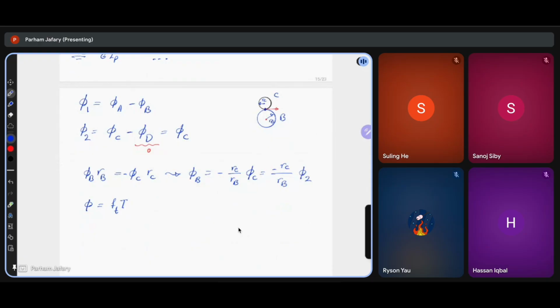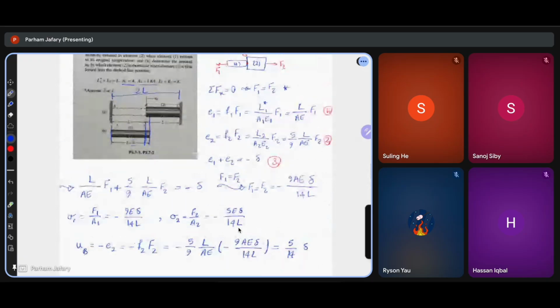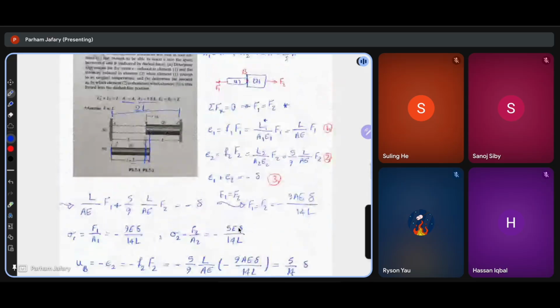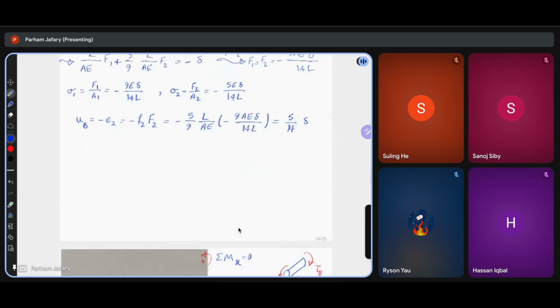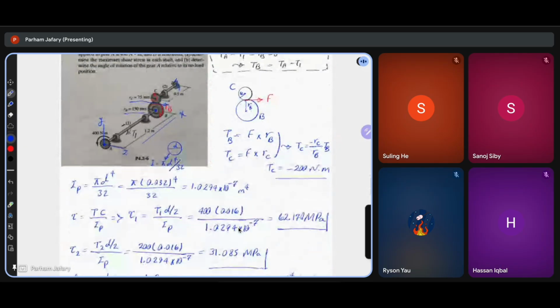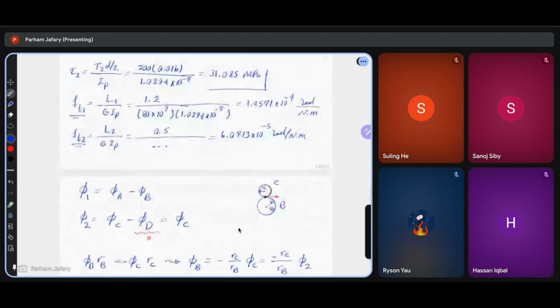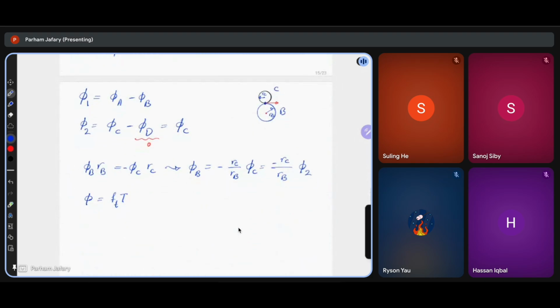So in the previous chapter, if you remember the previous question, we solved for these small f's. These are the axial flexibility of a rod, right? Now we solve for torsional flexibility, and multiplying it by the torque, we get the deformation, right?